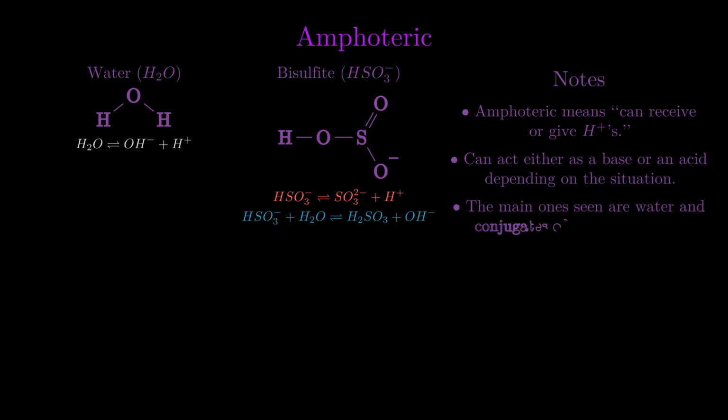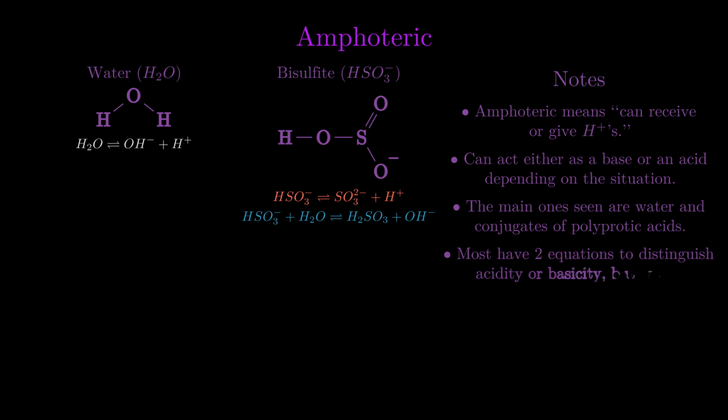The main ones seen are water and conjugates of polyprotic acids. That's the main key of whether or not you're going to determine something's amphoteric. If they're asking you to qualify if it's an acid or a base, and you see some sort of ion tacked onto it and it's something negative, make sure it's not a polyprotic. Because if it's one part of a polyprotic, then you might have an amphoteric thing instead of an acidic or basic thing.